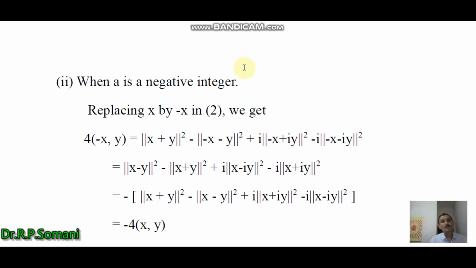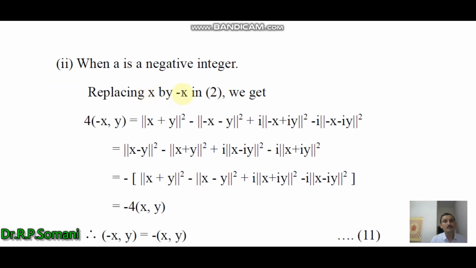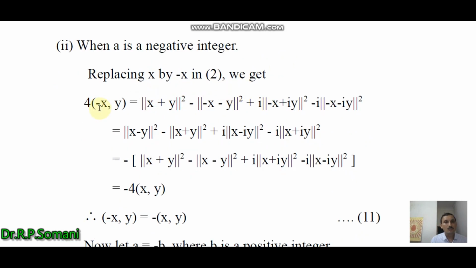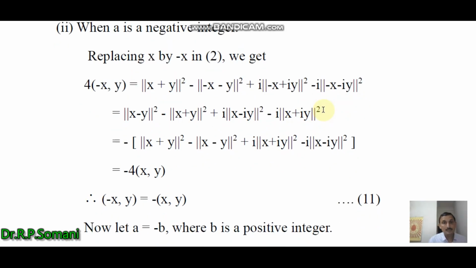Now we check if a is a negative integer. So first we replace x by minus x, and we obtain 4 of minus x, y equal to norm of minus x plus y square minus norm of minus x minus y square plus iota norm of minus x plus iota y square minus iota norm of minus x minus iota y square.